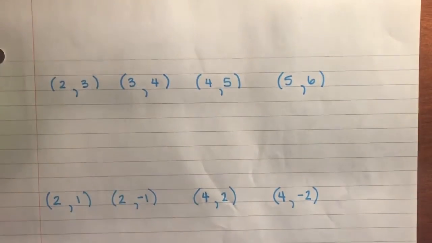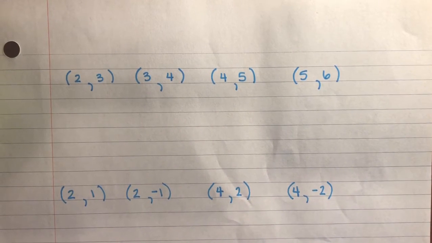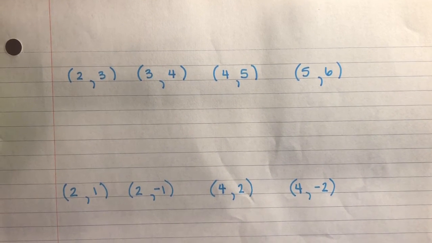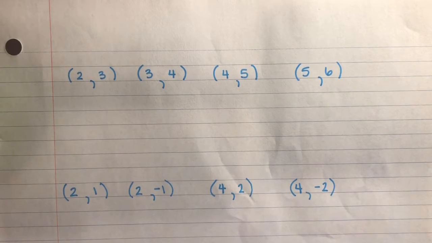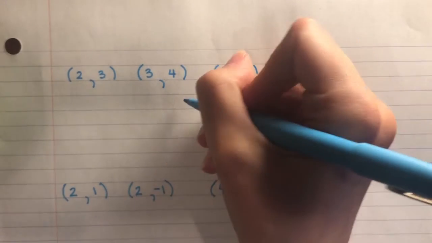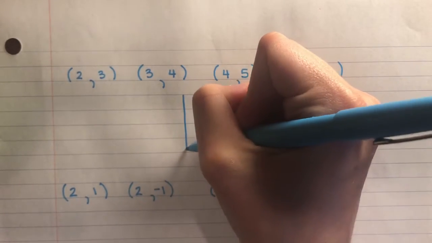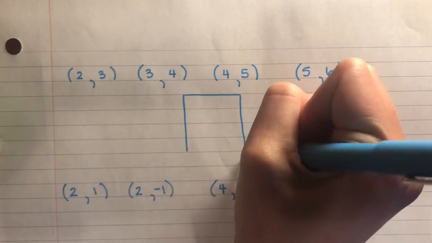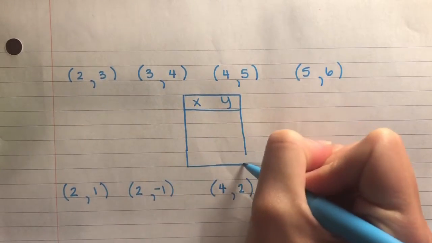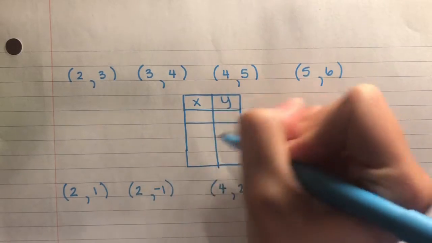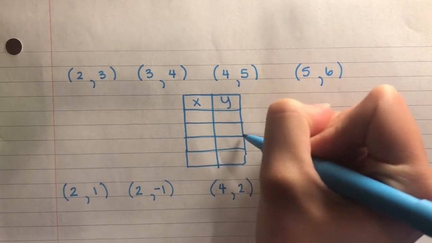Okay, we might also see examples where we have ordered pairs. So to make it a little bit easier, one thing we can do is just draw a table like what we had before. And I can put each of my ordered pairs in here.